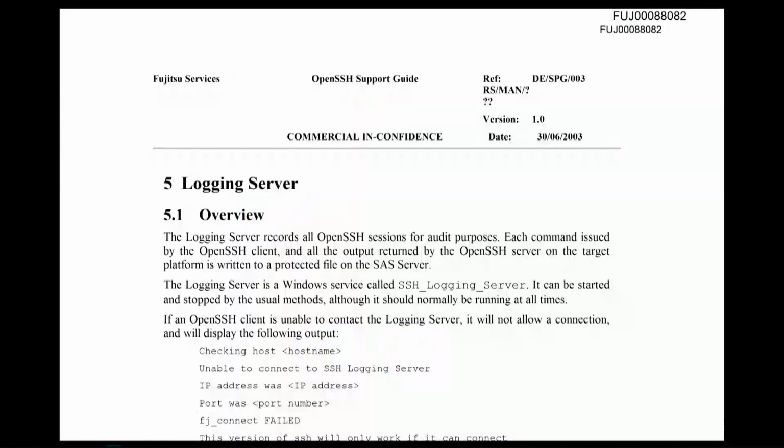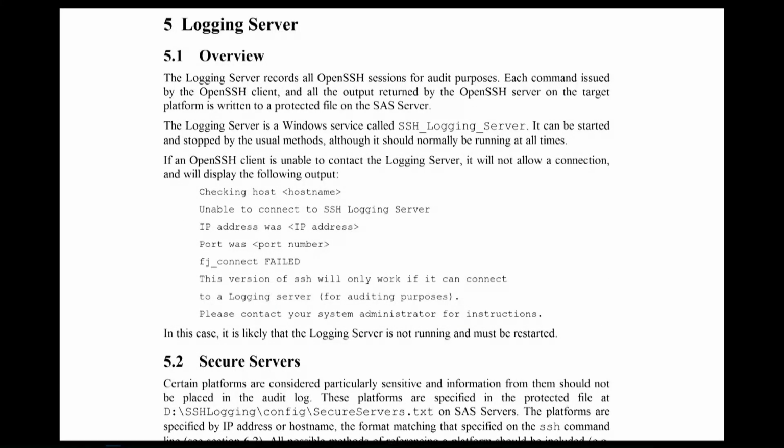Yes, and then if you go on to page 10 on the logging server and scroll down. And then look at 5.2. Yes.